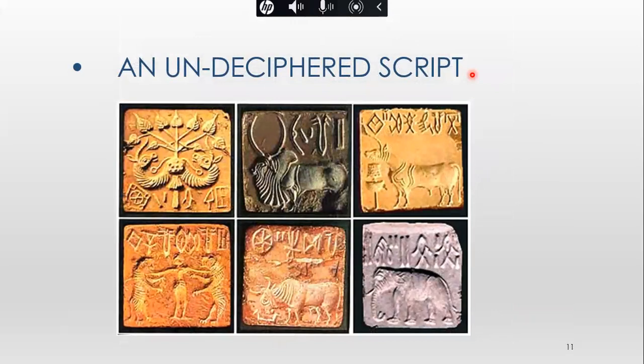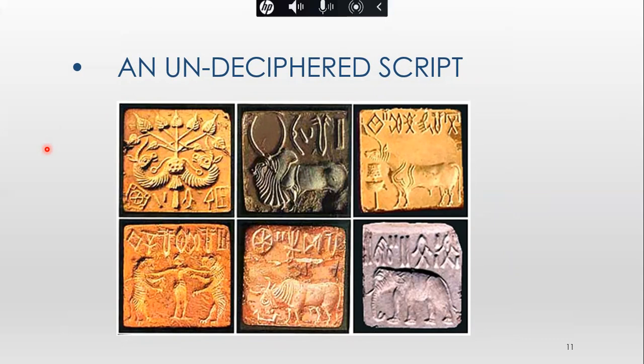There are a few seals over here which are still undeciphered, undecoded. The most intriguing of all undeciphered scripts in the world, the Indus script is made up of partially pictographic signs and various human and animal motifs that include a puzzling unicorn.